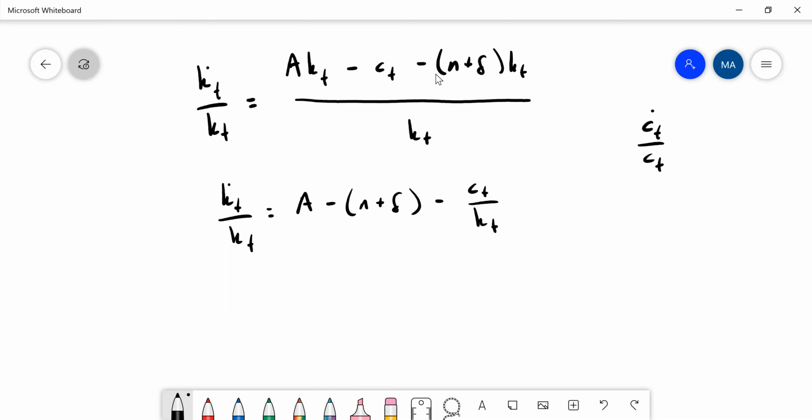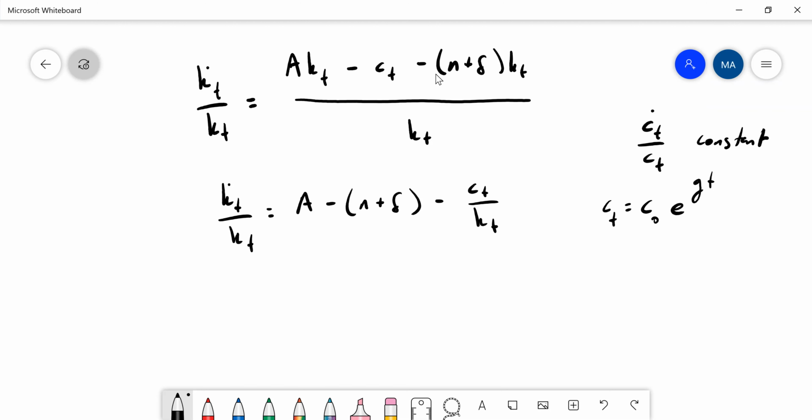Along the optimal path, this will be constant, and since it is constant along the optimal path, it is true for the steady state as well. So if you solve consumption, you will have something like this. This is now the consumption growth rate.